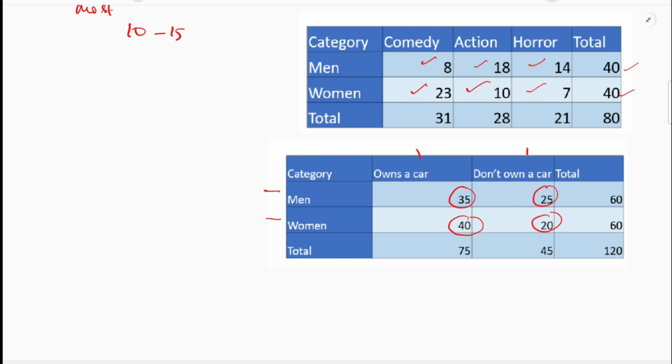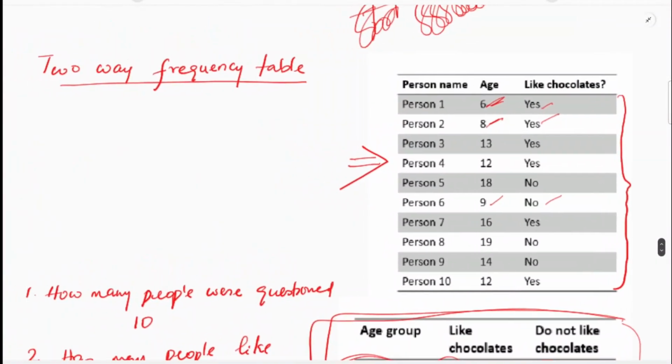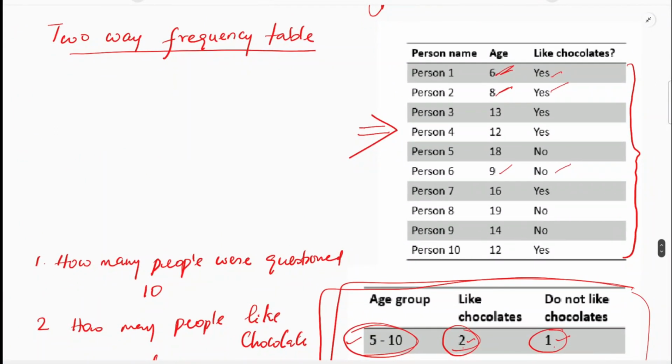In short, I can repeat the definition of the two-way frequency table. A two-way table, or two-way frequency table, is a statistical table that demonstrates the observed number or frequency for two variables.